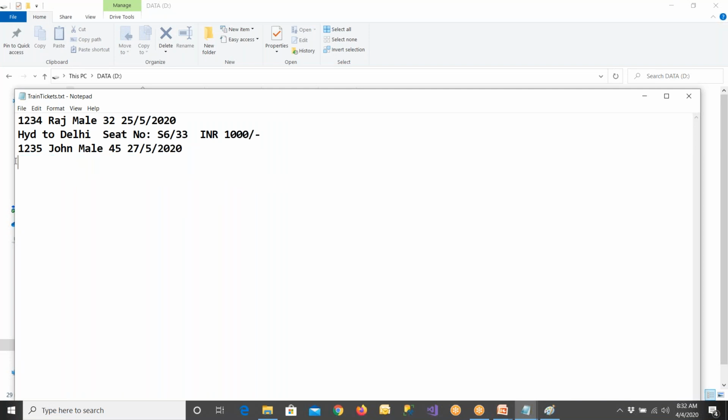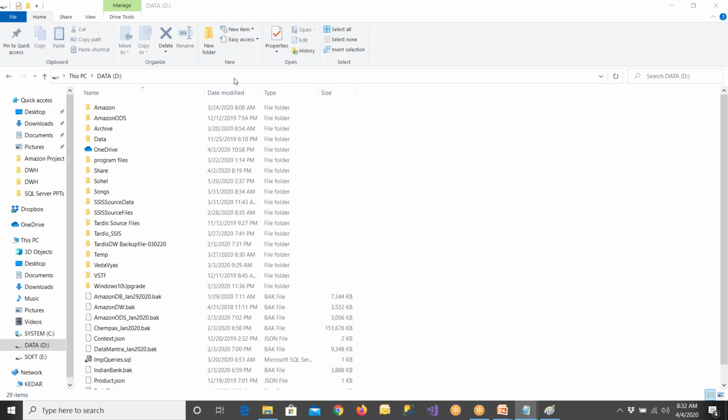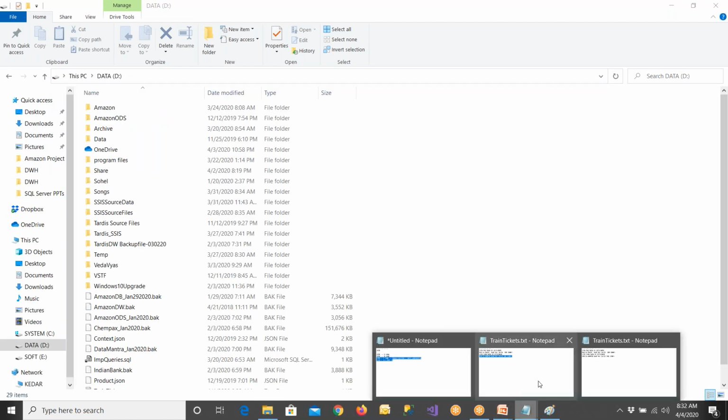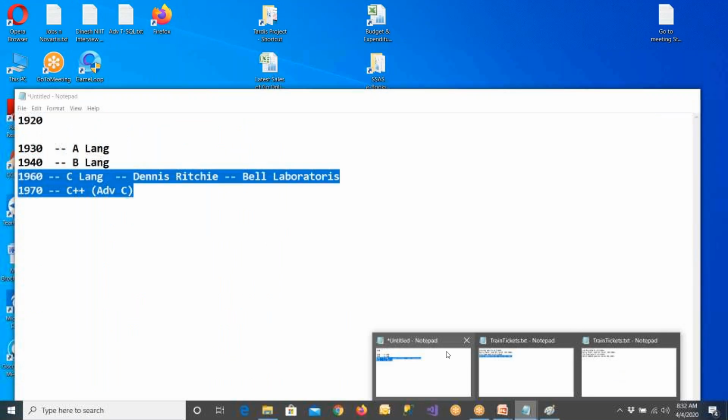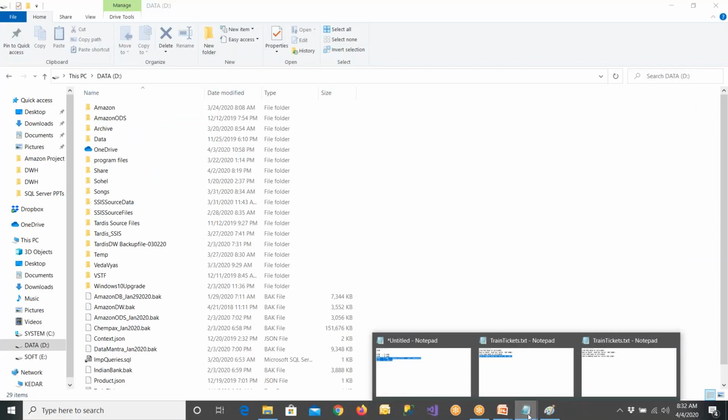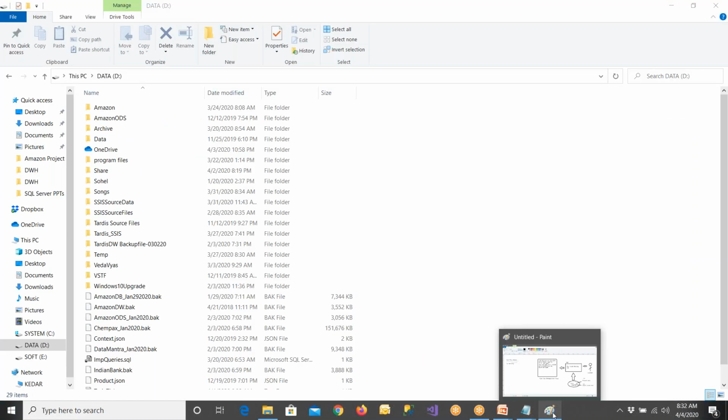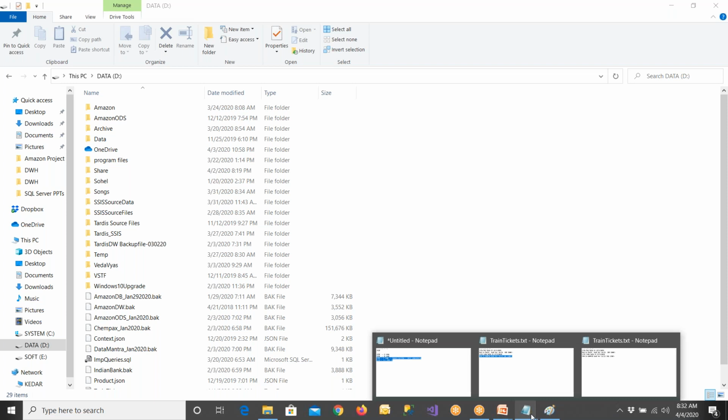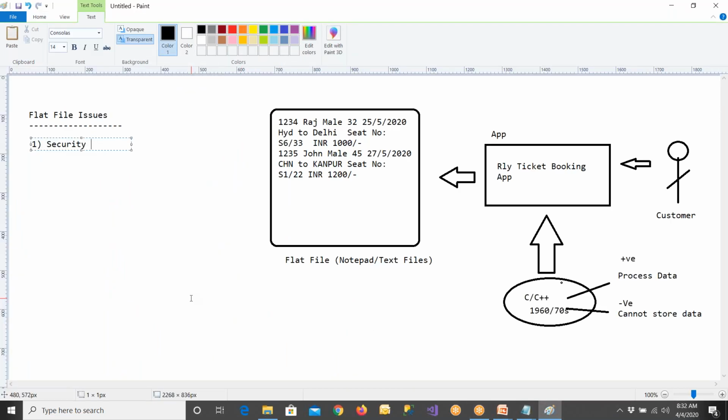If they delete a row, we don't know that the row has been deleted. Am I clear? So anybody can access this, and anybody can simply tamper or delete the data. A lot of things can happen. So that is the big issue. No security, so anybody can easily tamper the data. So first is the issue, security.